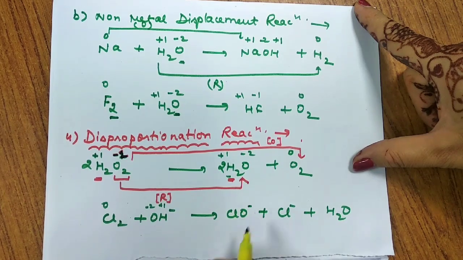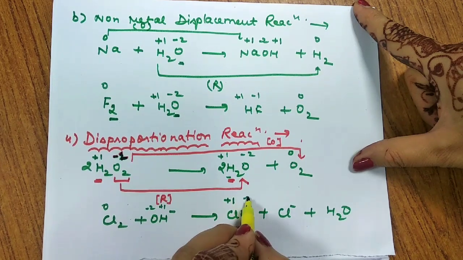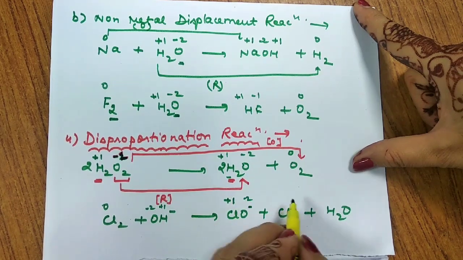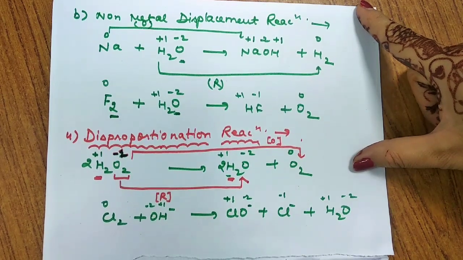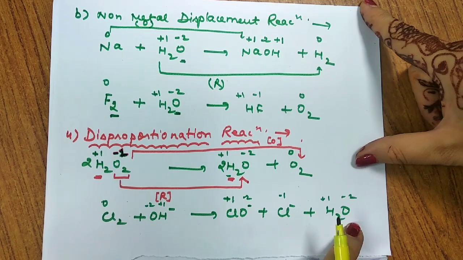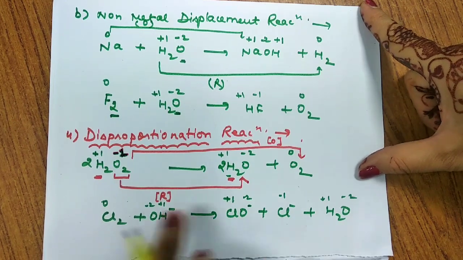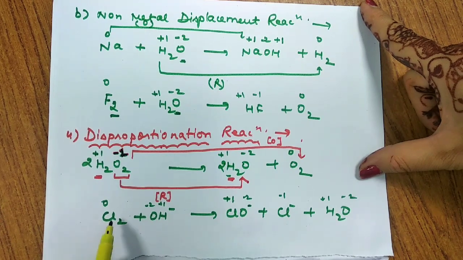ClO minus, Cl shows an oxidation number of +1. This is again -2. Cl minus shows an oxidation number of -1. This is +1, -2. So from this reaction, no change in oxidation number of oxygen and hydrogen. But yes, it is a redox reaction because the chlorine undergoes oxidation as well as reduction.